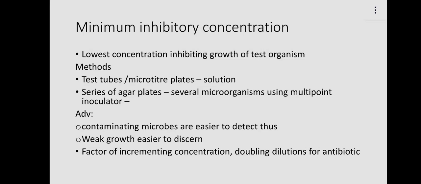So the MIC is dependent on the microorganism that is used for testing. It is the fundamental measure of antimicrobial activity or potency for compounds which are used as antiseptics, disinfectants, and preservatives.